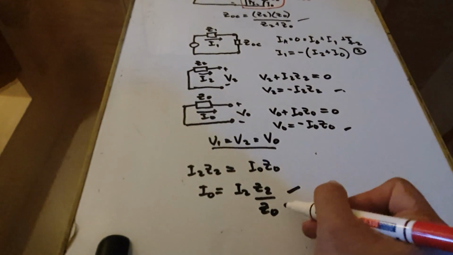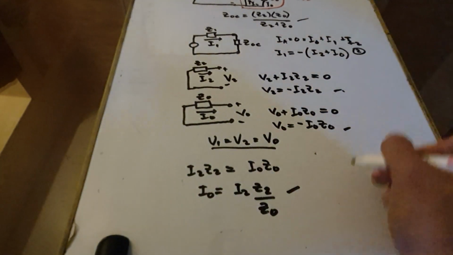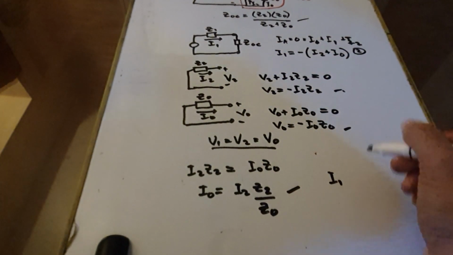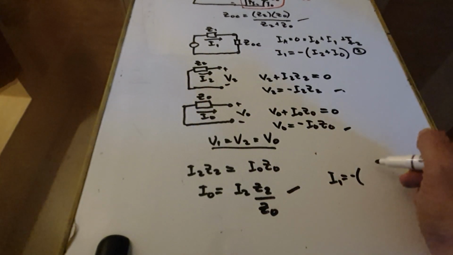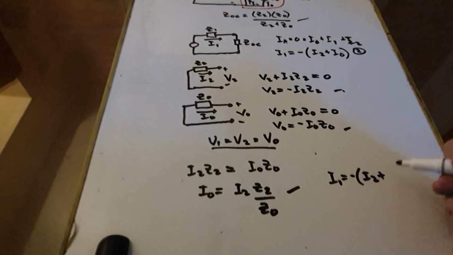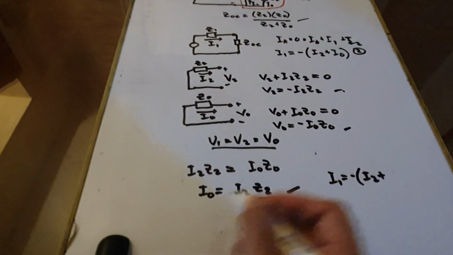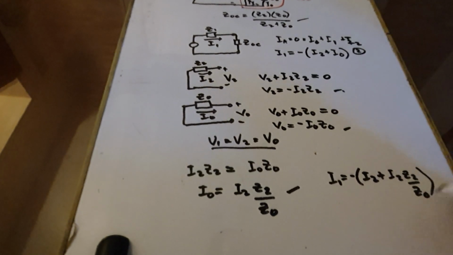Okay, therefore if we substitute this in this equation, I1 is equal to negative I2 plus I0, which is I2 Z2 over Z0.